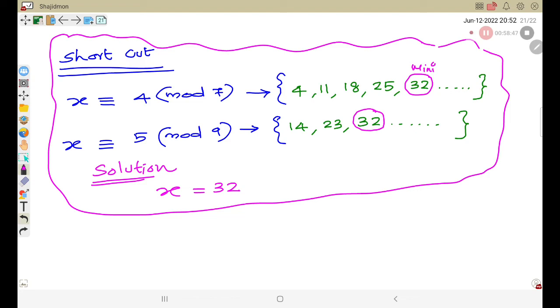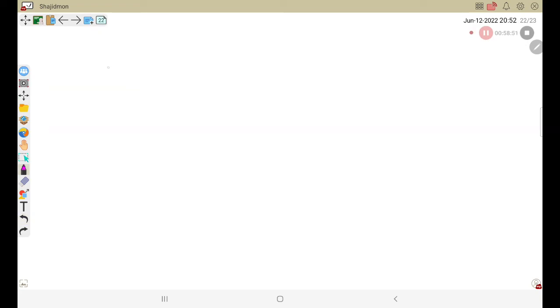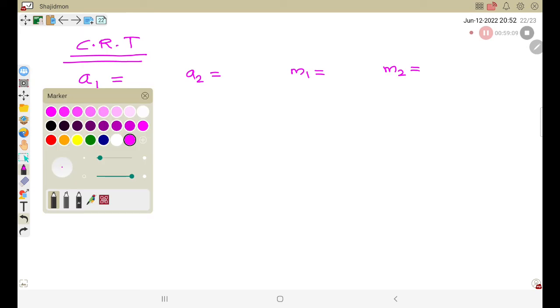I hope you understood the idea. The Chinese remainder theorem, CRT, what we discussed. What are the steps we did in the Chinese remainder theorem? First we write the A1 number, A2 number, M1 number and M2 number. This is just to revise what we did.